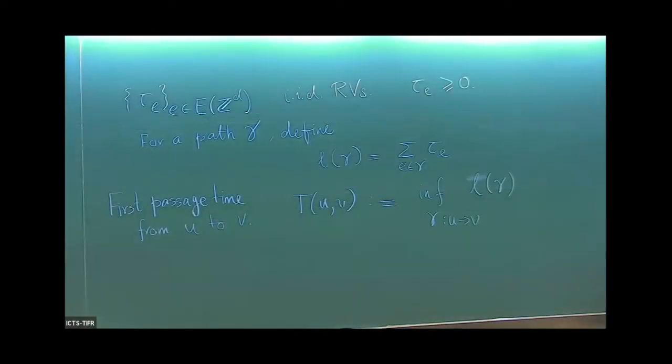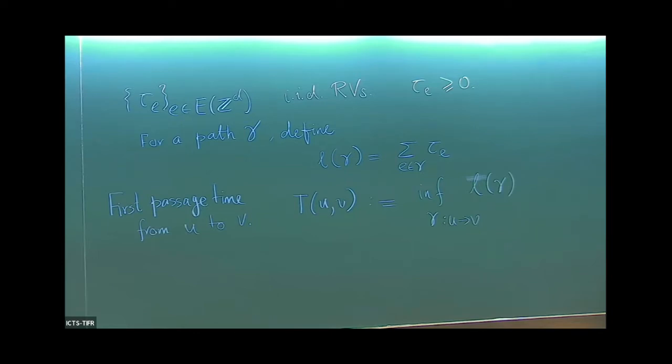One other thing to observe is that because we have assumed the passage times on the individual edges are non-negative, we can simply restrict ourselves to non-self-intersecting paths here. If any path has a loop, you can simply cut out the loop, and the weight will only decrease.